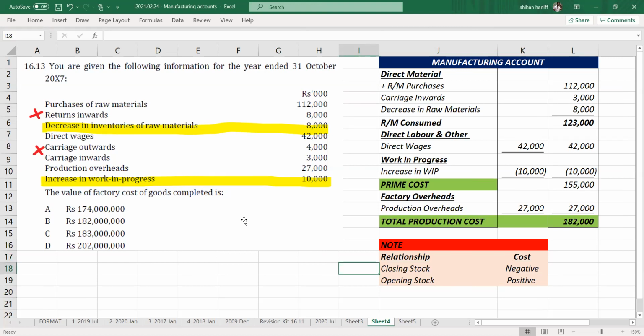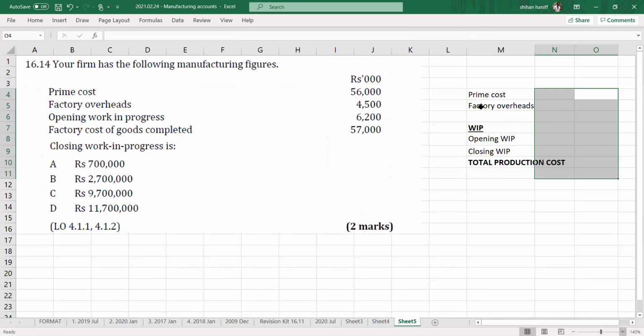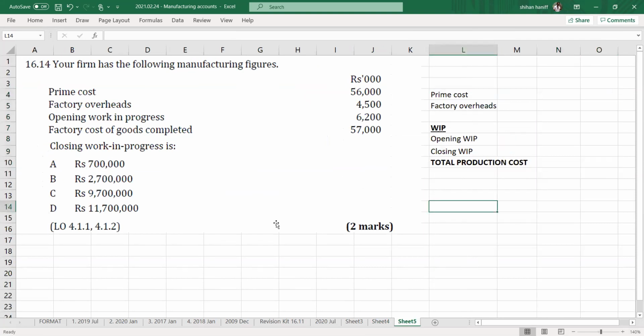Any doubts? So let's do one more MCQ. Tell me the answer for this.